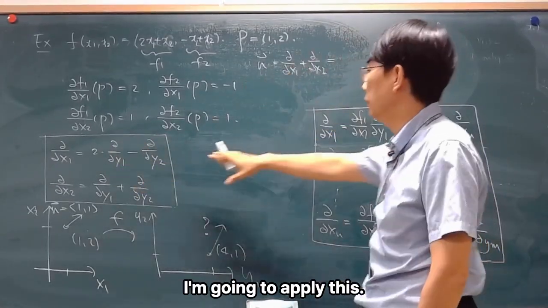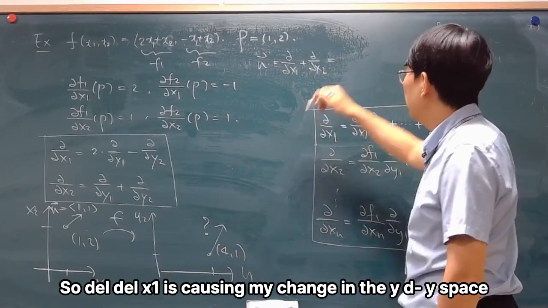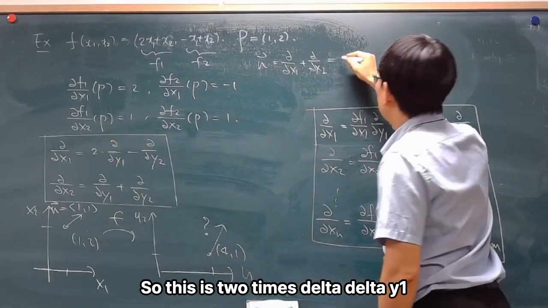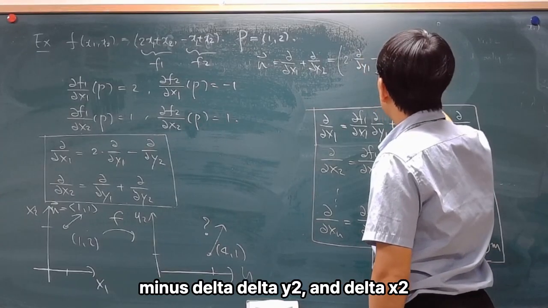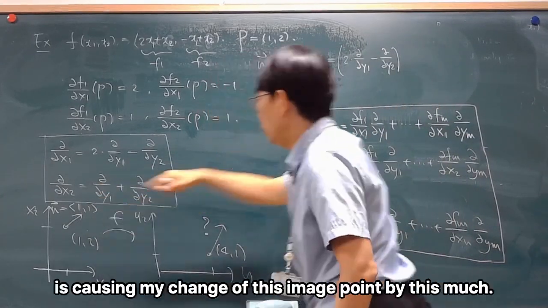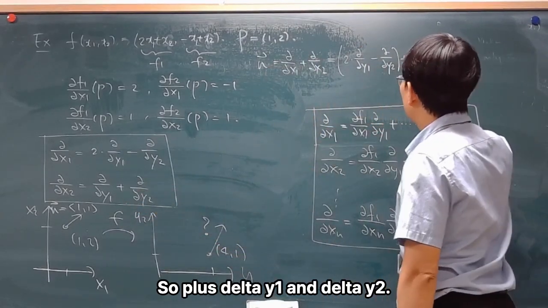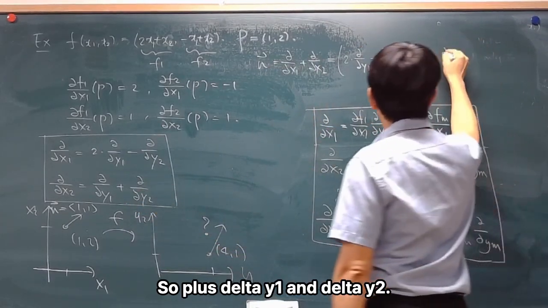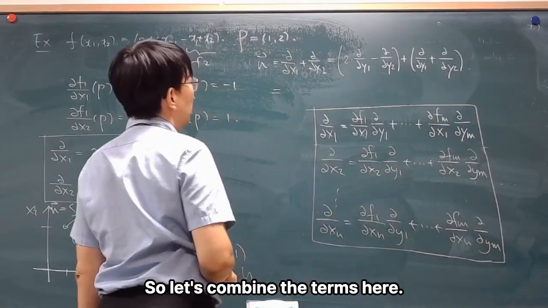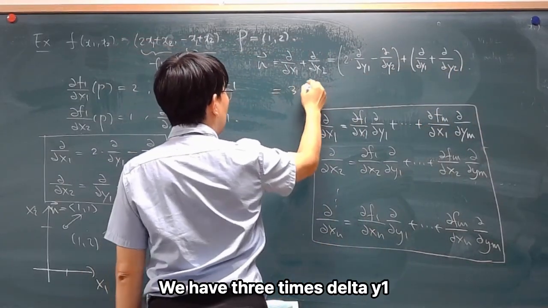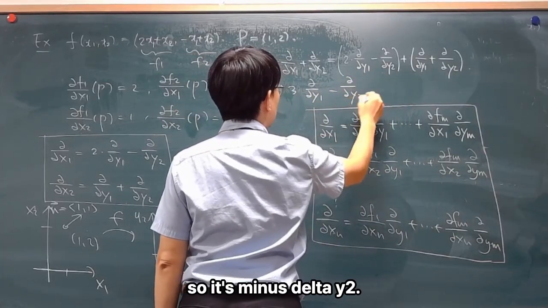Then I'm going to apply this. So delta x1 is causing my change in the y space as this much, right? So this is 2 times delta y1 minus delta y2. And delta x2 is causing my change of this image point by this much, so plus delta y1 plus delta y2. So let's combine the terms here. We have 3 times delta y1 minus 2 plus 1, so it's minus delta y2.